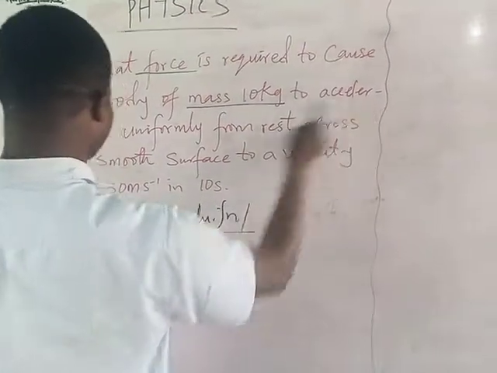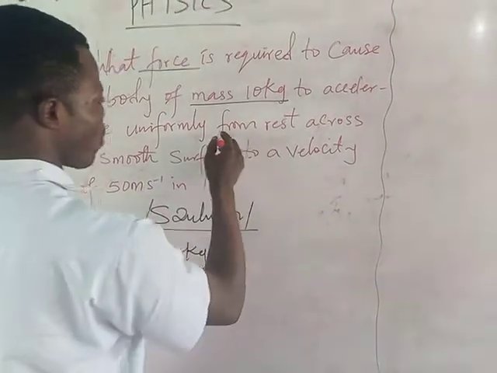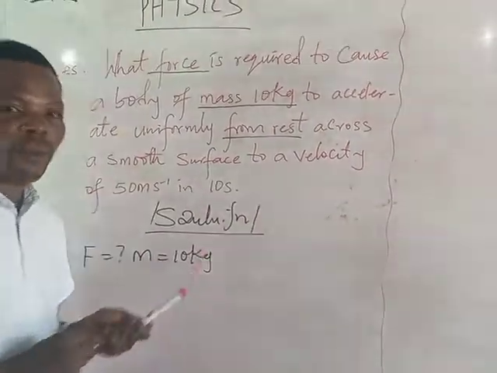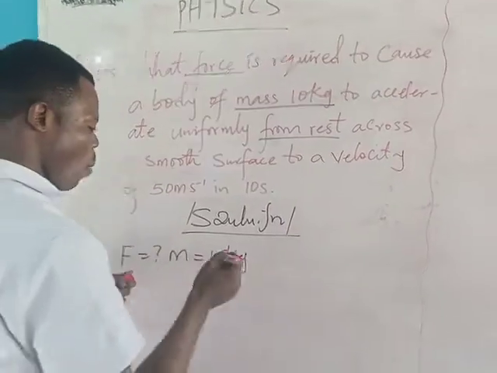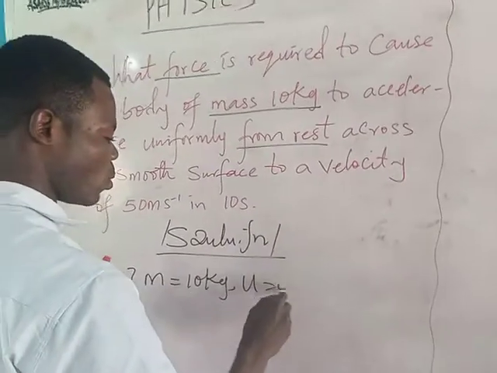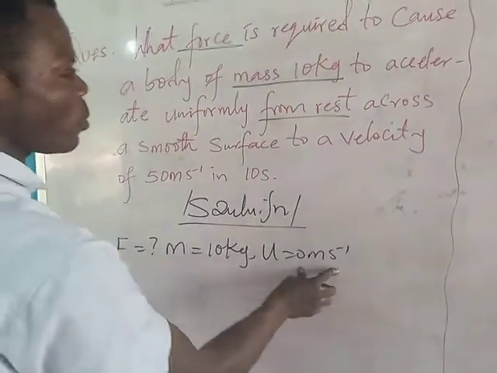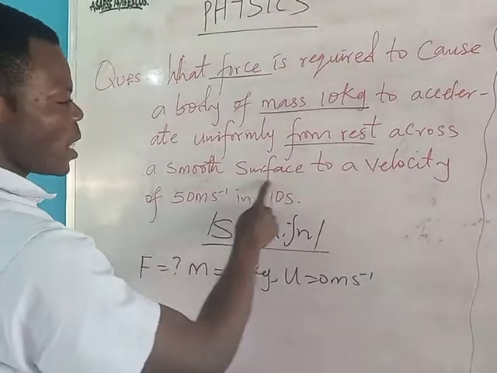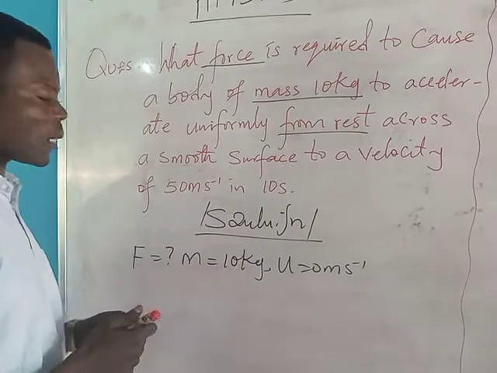To accelerate uniformly from rest. Here, from rest, I said that if a body starts from rest, our U must be equal to 0. Across a smooth surface to a velocity of 50 meters per second.